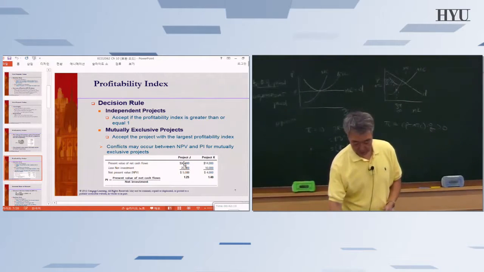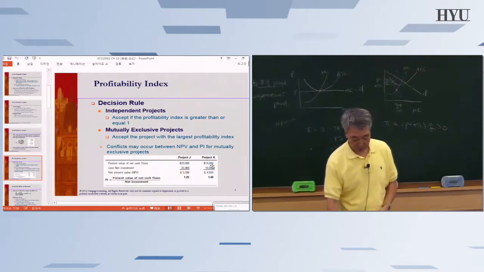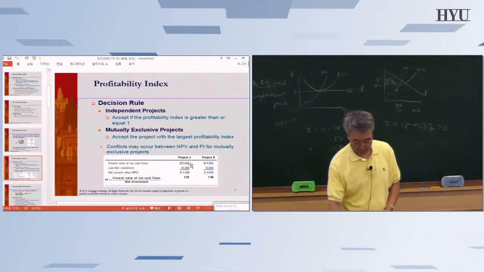So here's an example, project J and project K. Project J requires $20,000 net investment, and the present value of net cash flow is $25,000. So if you calculate the net present value, that's $5,000. And if you calculate the profitability index, that's 1.25.